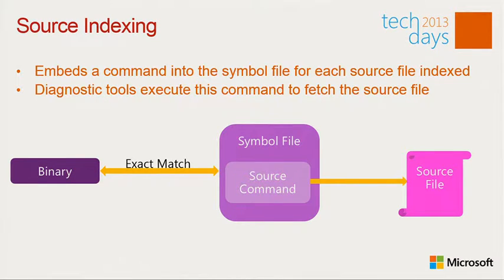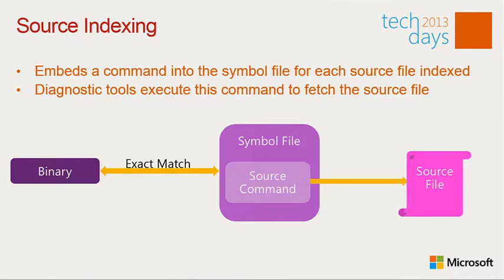In Visual Studio, well, let me talk about source indexing first, actually. So what is source indexing? Source indexing is when your build embeds a command into your symbol file for each source file that was used to build it.